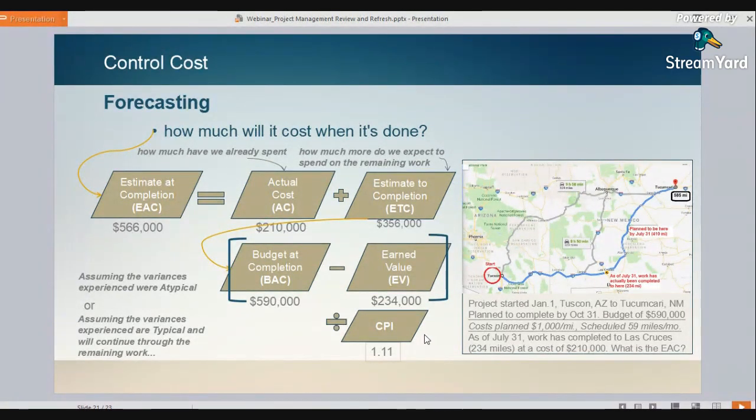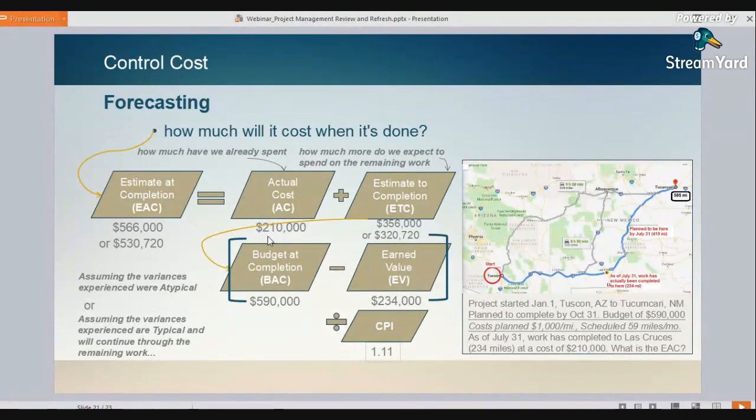What's that going to do? It's going to lower your estimate to completion. We're going to say, well, we saved money, we came in under budget thus far, and if we can make the assumption that we're going to continue to come in under budget, our remaining work is going to cost proportionally less, dividing by 1.11.